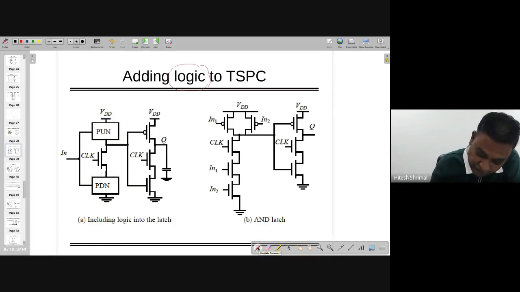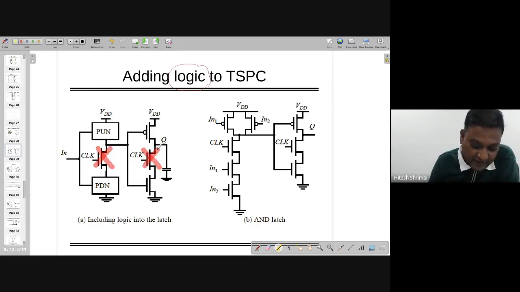when clock equal to 0, let's assume that when clock equal to 0, in that case, no matter what the things are, but Q is precharged to VDD, right? So that will be staying there.